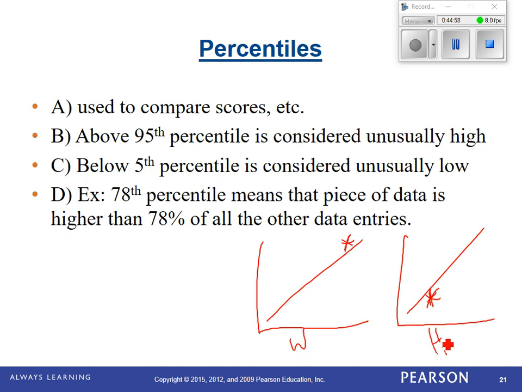And they'll tell you, hey, your baby is in the 92nd percentile as far as weight goes. But as far as height goes, they're in the 22nd percentile.